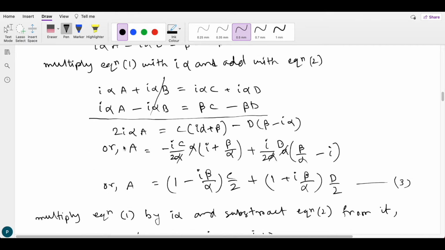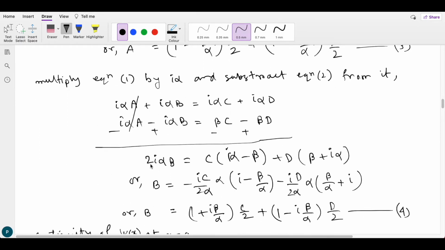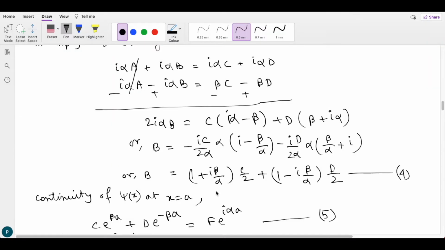After adding and simplifying, we get A equals (1 minus iβ/α) C/2 plus (1 plus iβ/α) D/2. Now multiply equation 1 by iα and subtract equation 2 from it. I have just done that and I get B equals (1 plus iβ/α) C/2 plus (1 minus iβ/α) D/2, equation 4.